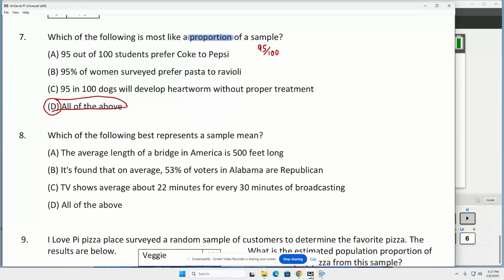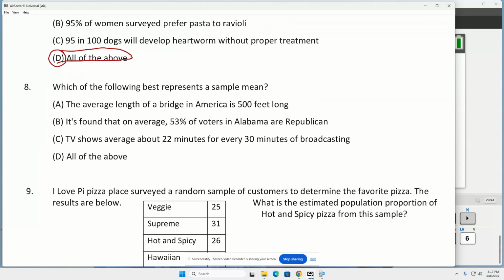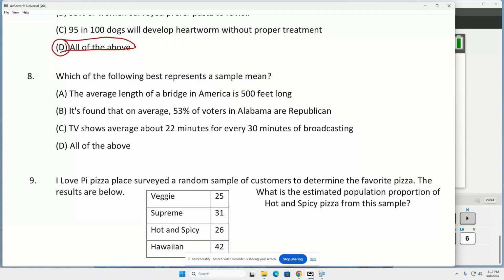All right, and then of course, number 8, which of the following best represents a sample mean? That's an average. So would an average length of a bridge in America being 500 feet long be it? Well, yeah. It says the word average there. It has to be. But look at B. It's found that on average, 53% of voters. Now, I know it says the word average here, but it's saying that 53% of voters are Republican.